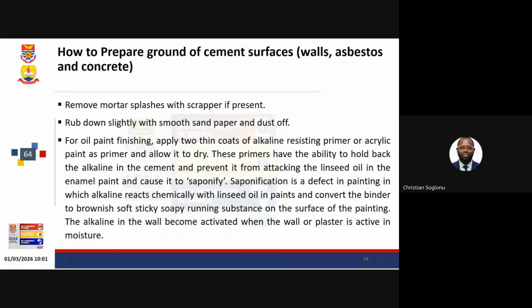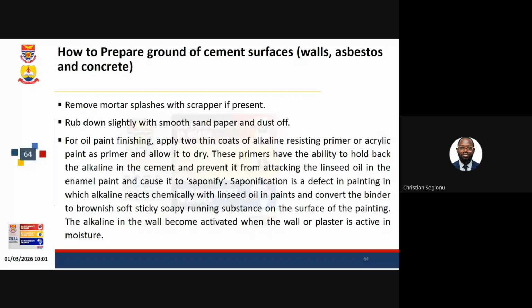These primers have the ability to hold back the alkaline in the cement and prevent it from attacking the linseed oil in the enamel paint and causing it to saponify.